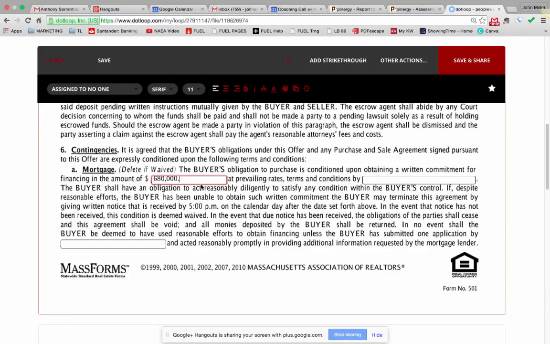You have a balance of $807,500 that's owed to the seller. The mortgage company is going to write a check to the seller for $680,000. Okay, yeah, coming from your mortgage that you just took out.